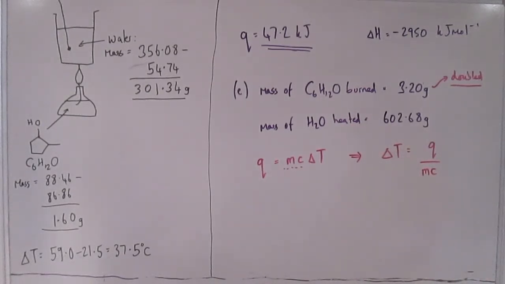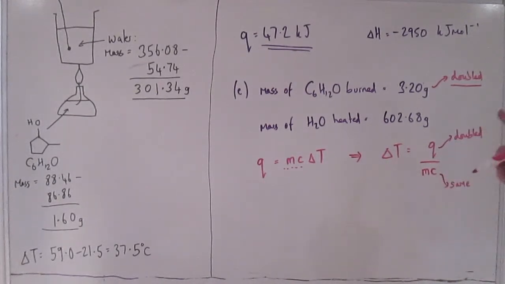If you burn 2 sugar lumps, you get twice as much energy as if you burn 1 sugar lump. It's the same as that. So Q will be doubled because there's twice as much alcohol being burned. C is the same because that's the specific heat capacity of water. That's an intrinsic property of water, so that was no different than in the original experiment.